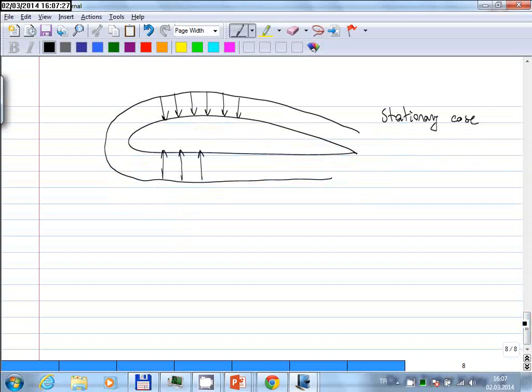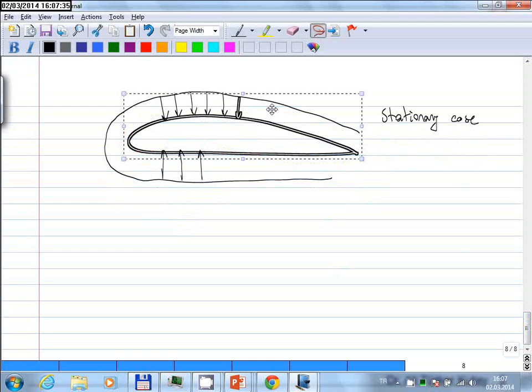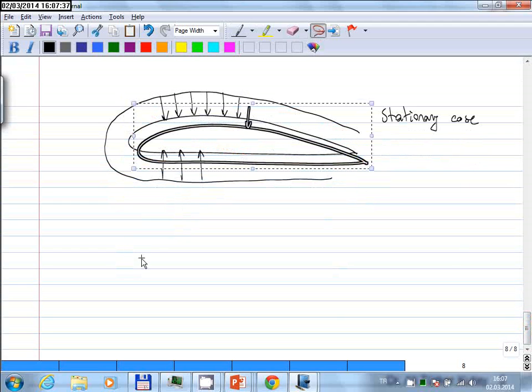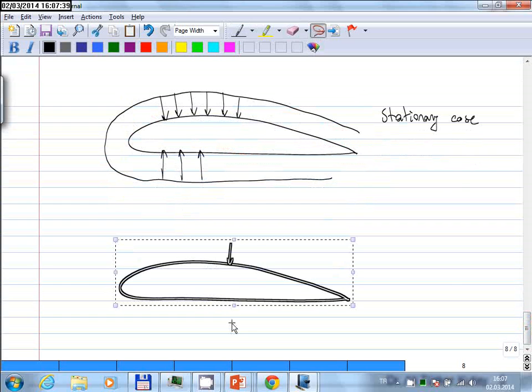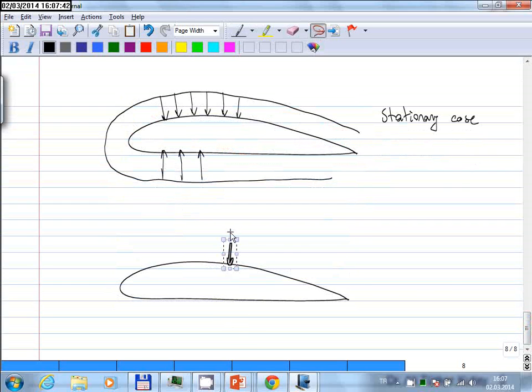But when there's motion, it's not the case anymore. The pressure force on the upper surface is smaller, whereas the pressure force on the lower surface is greater.